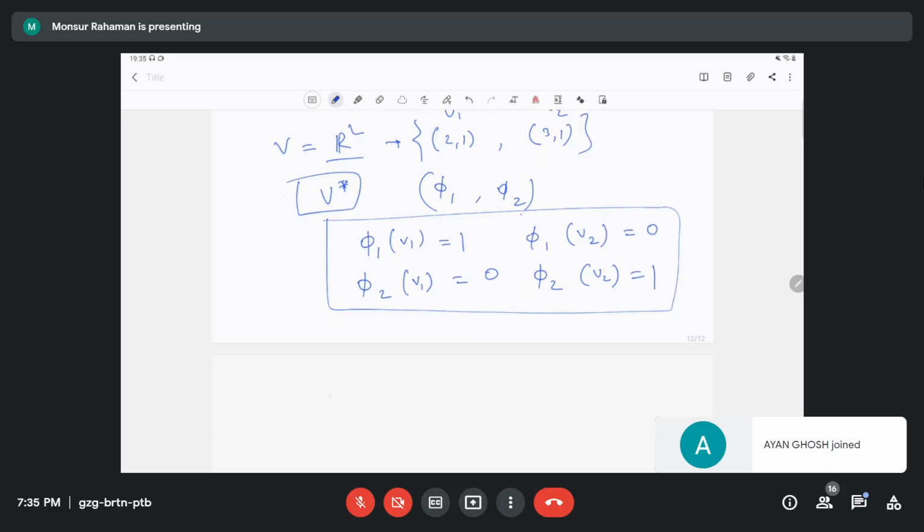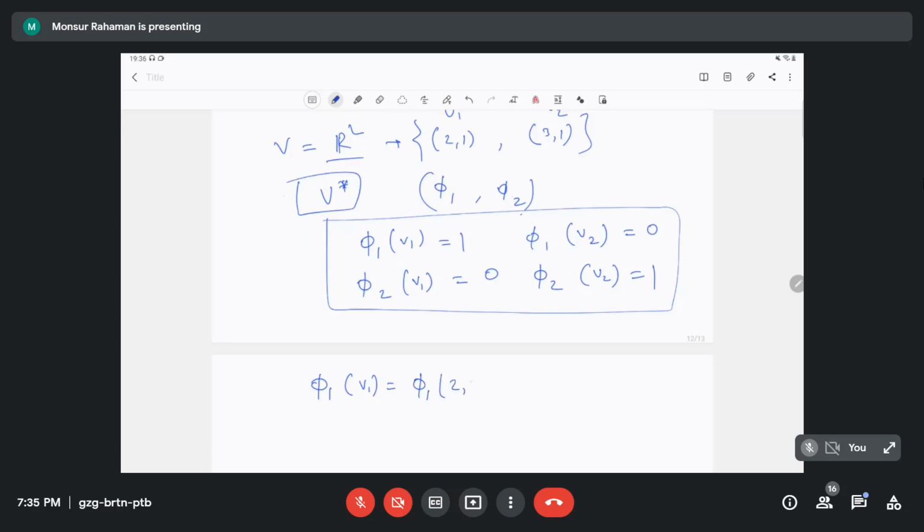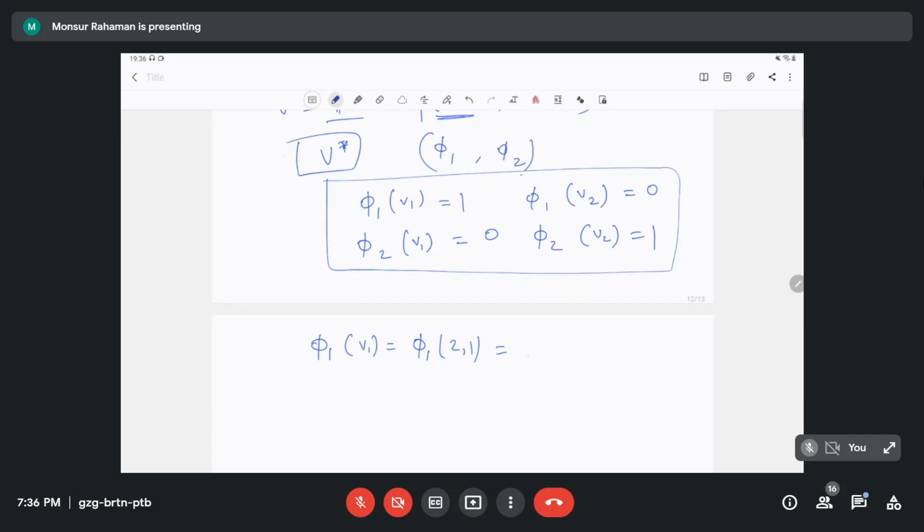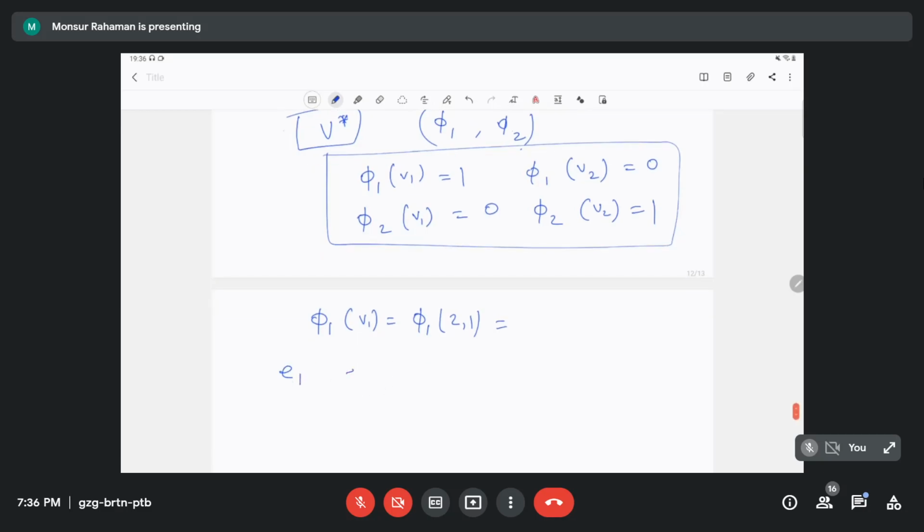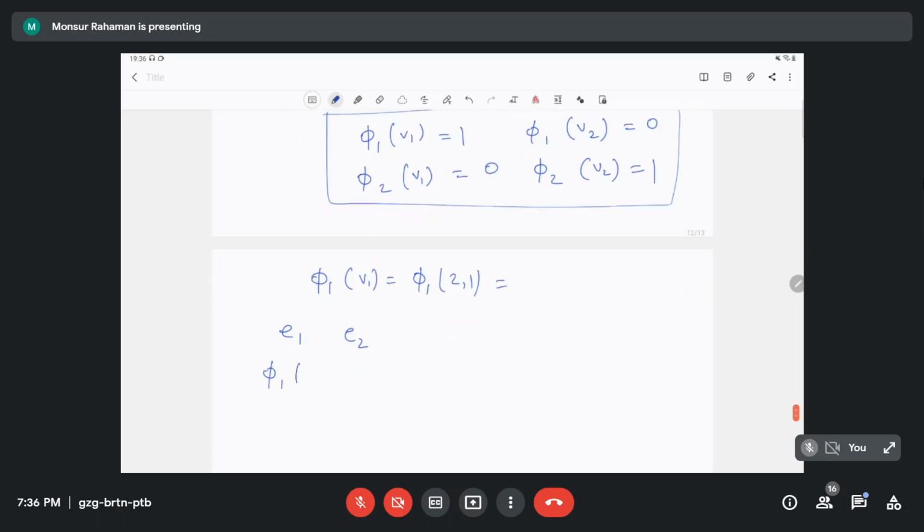So phi 1 V1 is equal to phi 1 (2,1). This will be a combination of two numbers. Why? Because if you take this standard basis E1 and E2, then phi 1 E1 and phi 2 E2 is very simple.